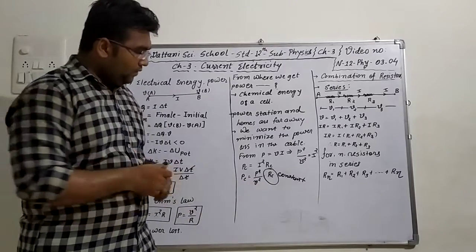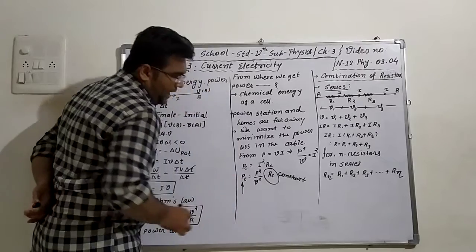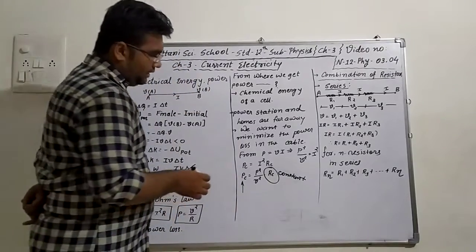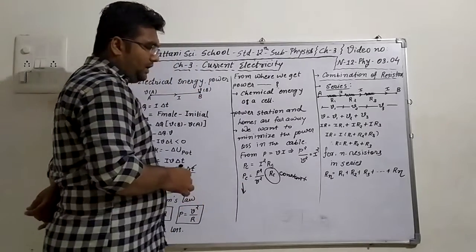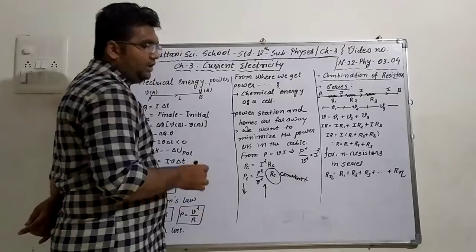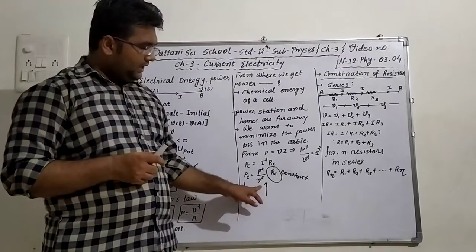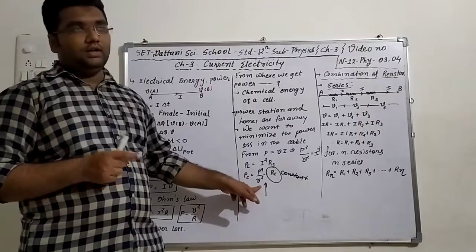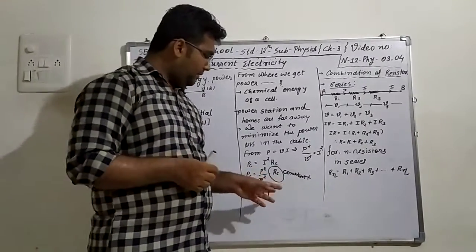So if we want to decrease the power loss of a cable, then we have to increase the value of the denominator. Here the denominator is V square, where V is the potential difference between two ends of a transmission cable.